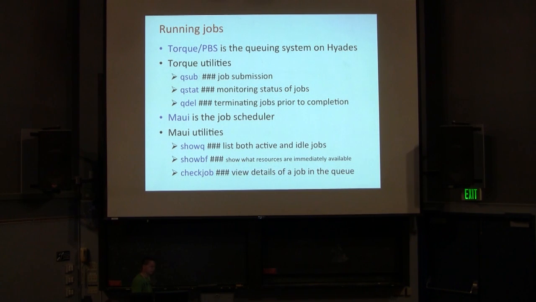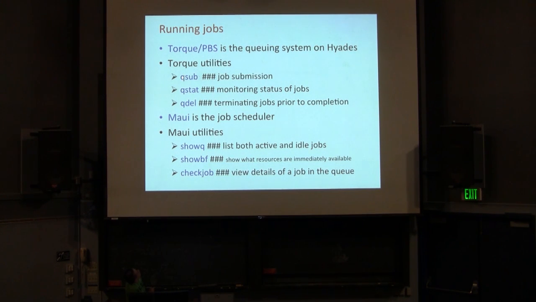You may not get instant satisfaction, but this is the best way to use the resources here. So for our system, we use Torque as our queuing system and resource manager, and we use Maui as the job scheduler.